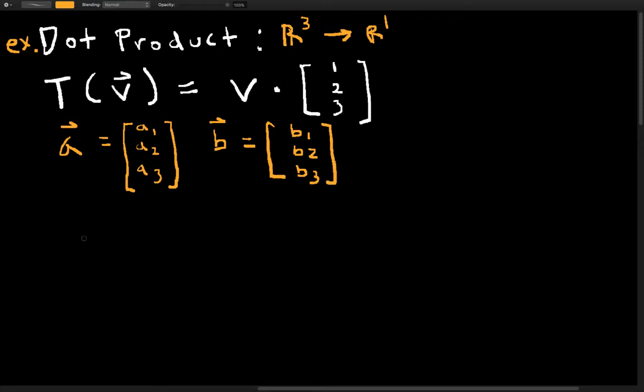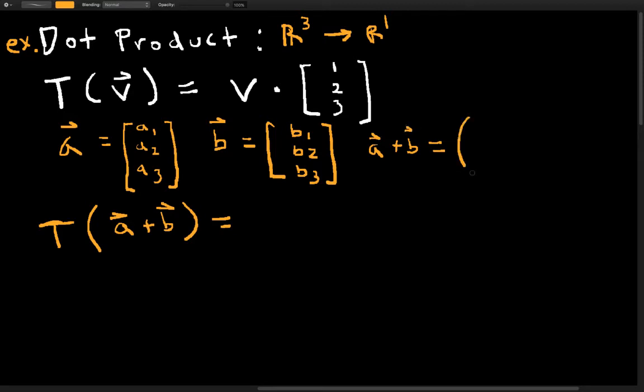So if we were to do the transformation of A plus B, A plus B would just be the vector (A1 plus B1, A2 plus B2, A3 plus B3).